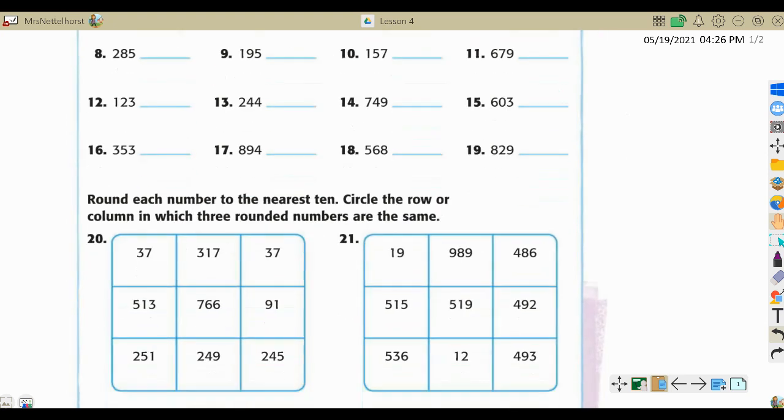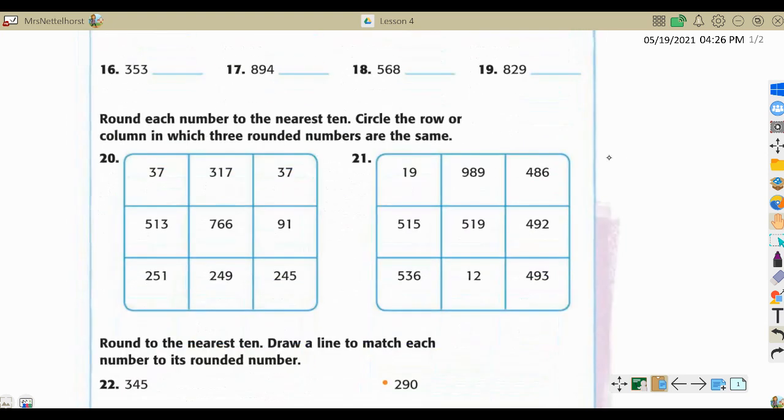Okay. Now, for 20 and 21, it says round each number to the nearest 10. So you're going to do that first. So in every box, you're going to write the rounded number. Okay, so that's direction number 1.